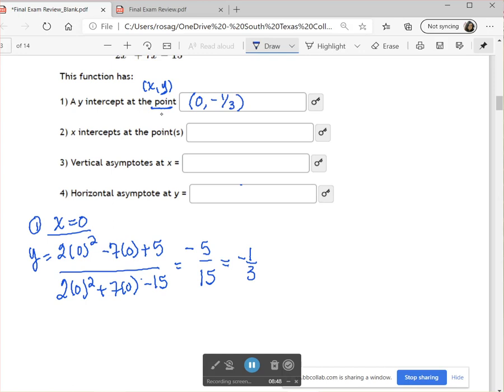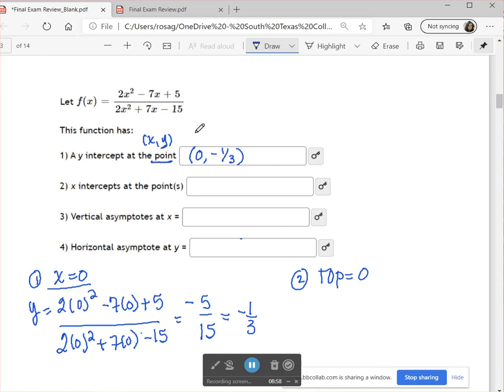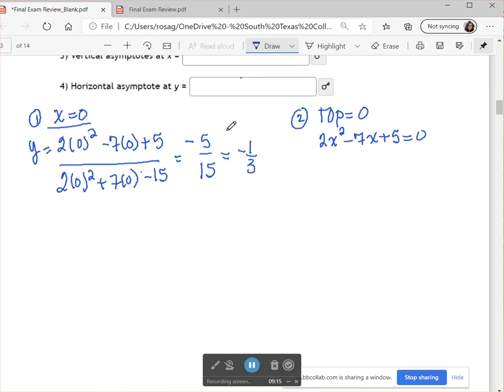Now, for the x-intercepts, you're going to be working with the top of the rational equation and solve it for x. In this particular one, it is a quadratic, so you would use the quadratic formula. If it wasn't a quadratic, then you could just do linear. And we know it's a quadratic because of the power of 2. So when you have that, that means you use the quadratic formula.